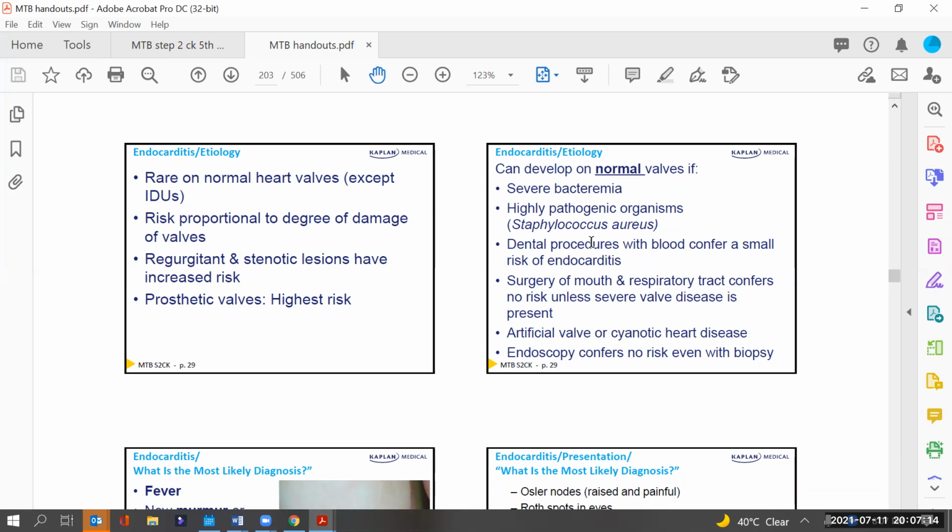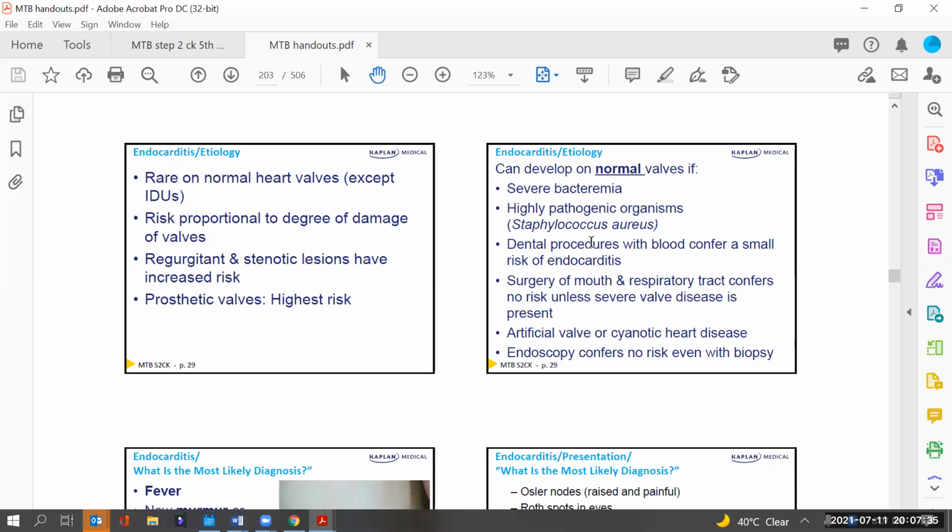You can think, okay, the patient was having pharyngitis and after 10 days the patient is going to present with fever and the murmur. So you can always correlate, because Staph aureus is the most common organism for this infection. So what Staph can cause in other parts of the body, maybe that infection can lead to this endocarditis.